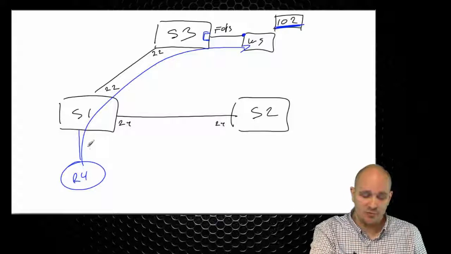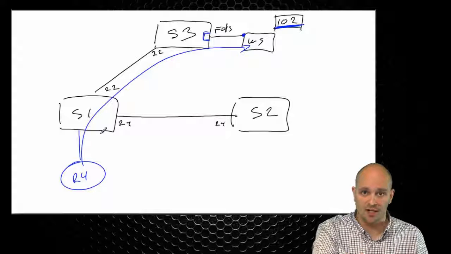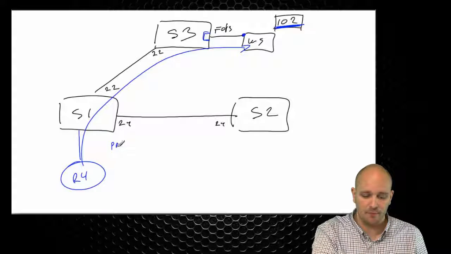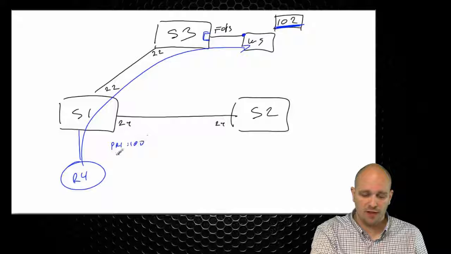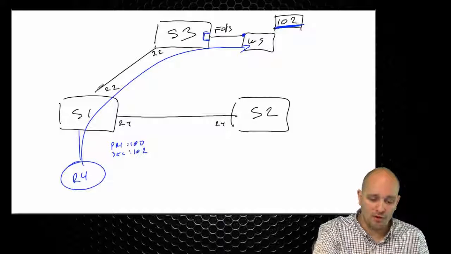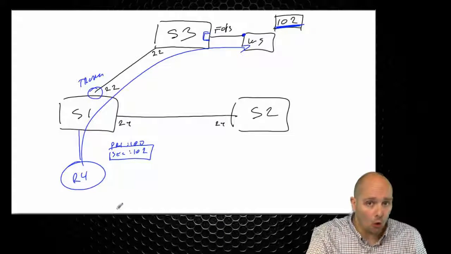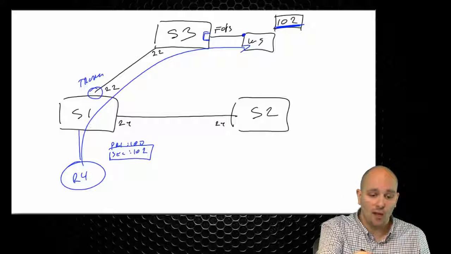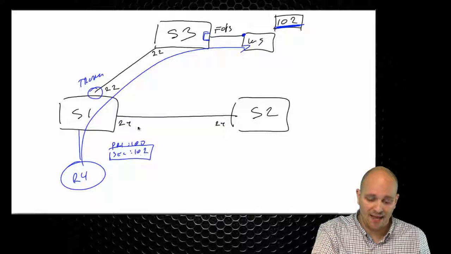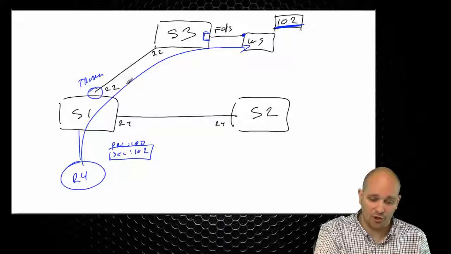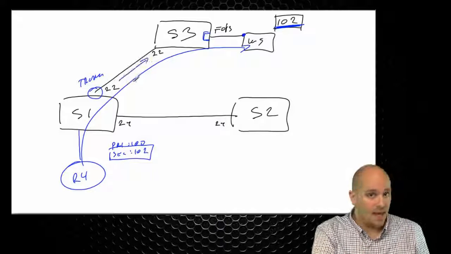Why is that the case? Because remember, even though two VLANs are in use here, the primary VLAN 100 and the secondary VLAN 102, when the traffic goes over the trunk, the traffic coming from the community VLAN or an isolated VLAN will actually be tagged with the secondary VLAN going out.